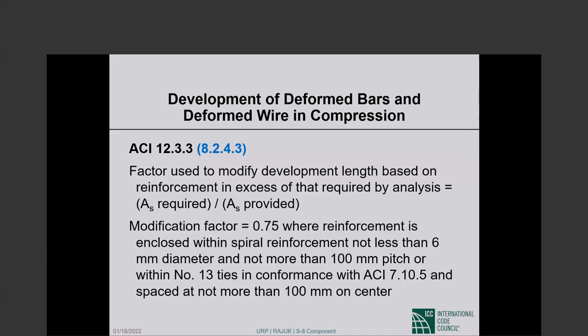Okay, so let me read it again. You get a modification factor of 0.75.